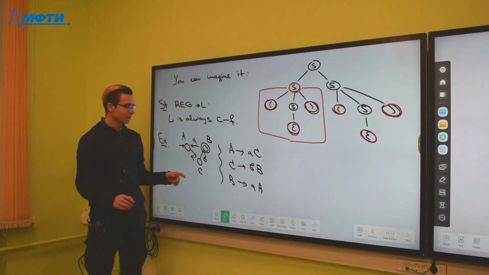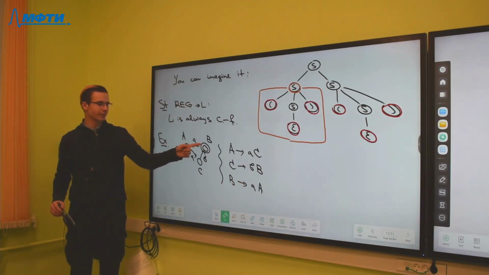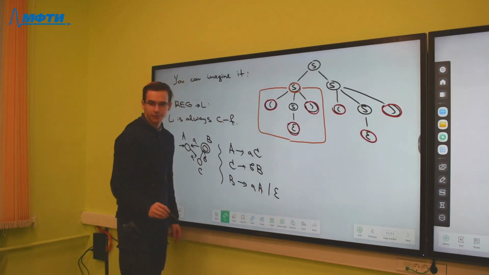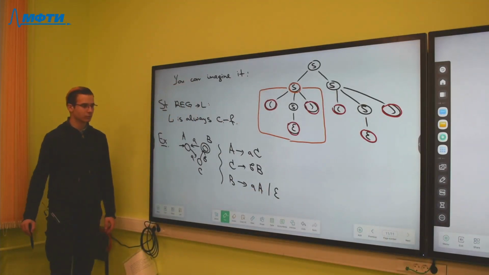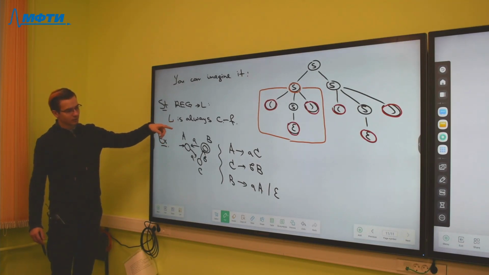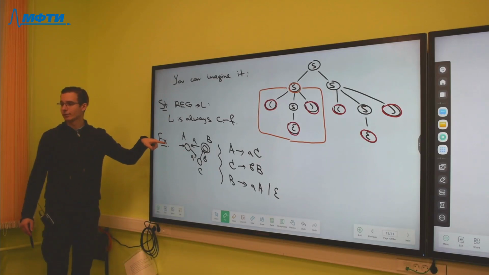And of course, due to the finished states, we can transform B to epsilon too. So it is the context-free grammar that gives us this language or this automaton.